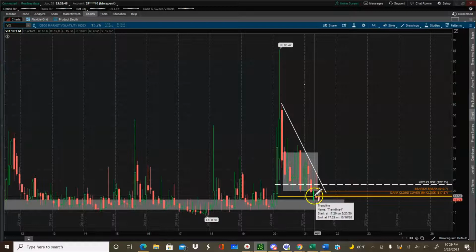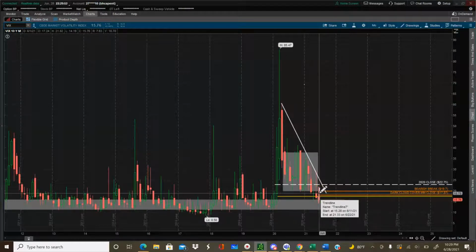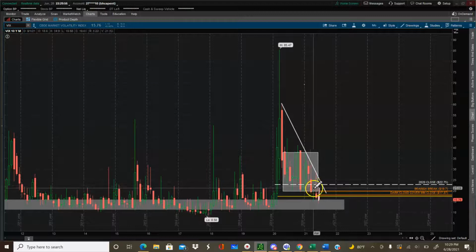Well, April actually didn't. April's way down here. May tested it. June tried to, but not so far. As you can see, after April, VIX has been mostly trading below that 2020 close.